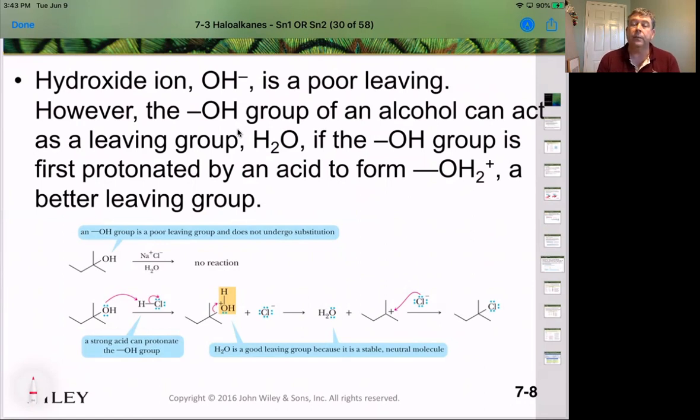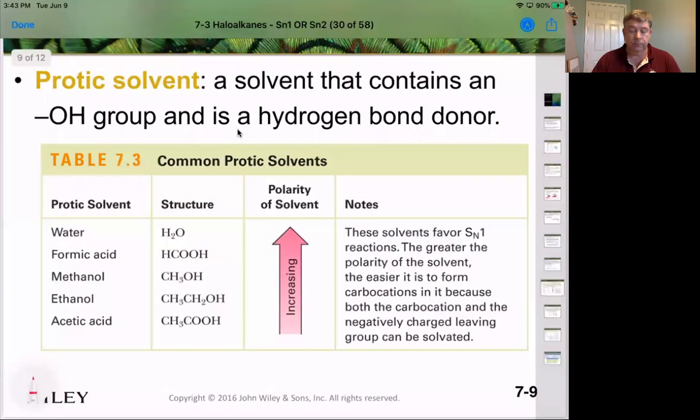Once it protonates, we now have a better leaving group because when it leaves and takes the electrons with it, it leaves as a neutral species. So when you see a substitution with an alcohol to remove that OH group, we're not losing OH negative, we're probably protonating it and losing it as water.